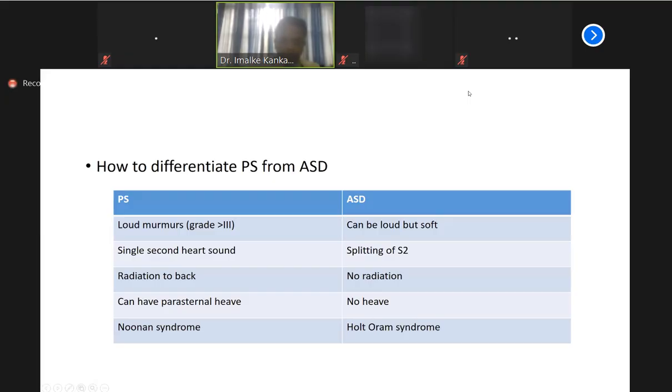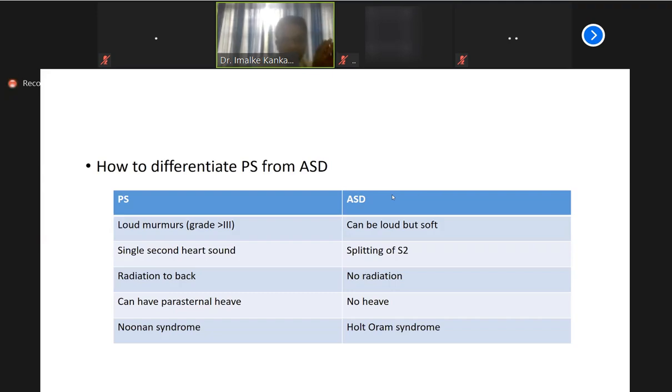Could you please repeat the pulmonary area again? So in the pulmonary area there could be three possibilities. One is ejection systolic, one is pansystolic, one is machinery. If it is machinery with a bounding peripheral pulse and the child is young, that's PDA.